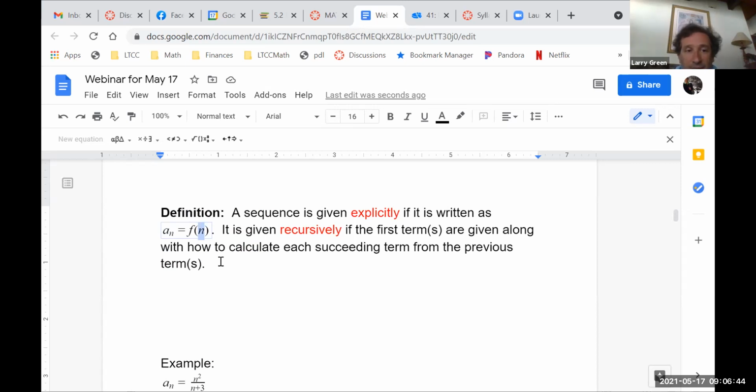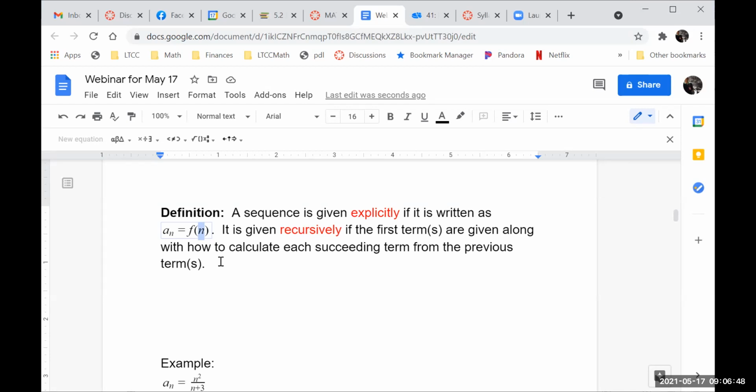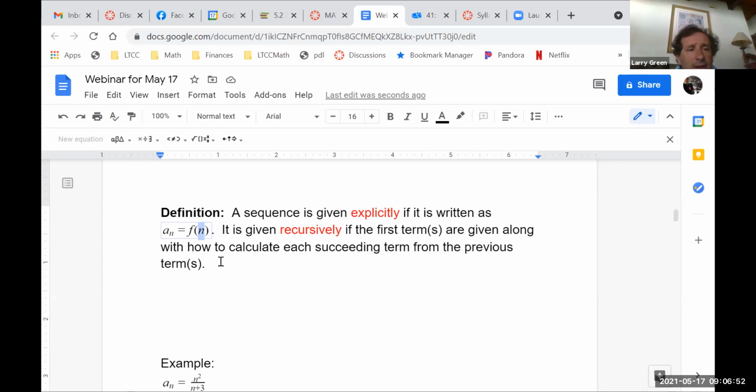Any thoughts? Because it's a sub n, not a sub x. Right, but I could have written a sub x equals f of x. Why did I use n? There's a reason. Very important reason.